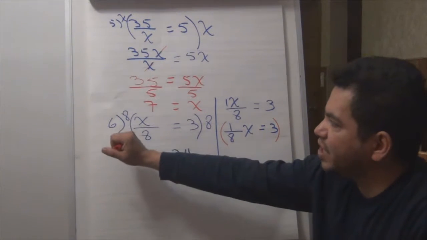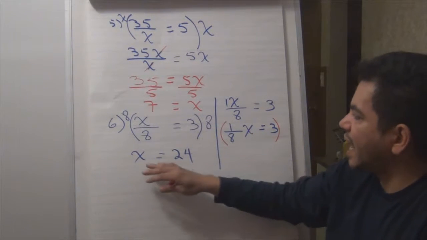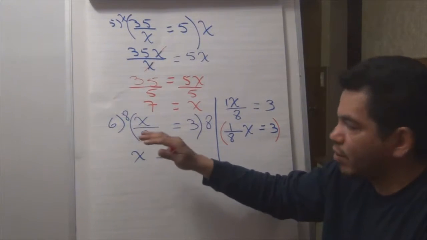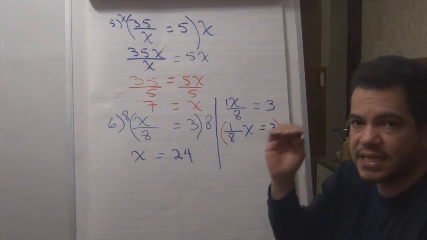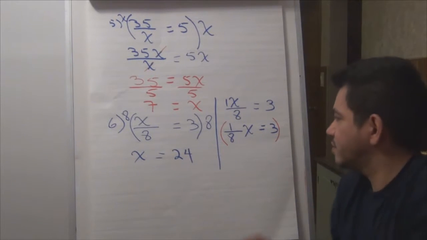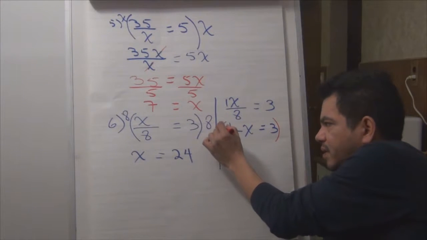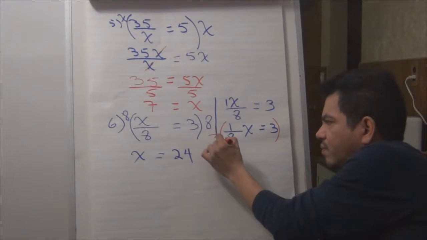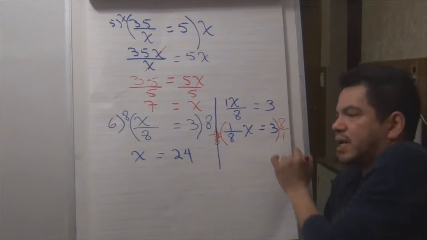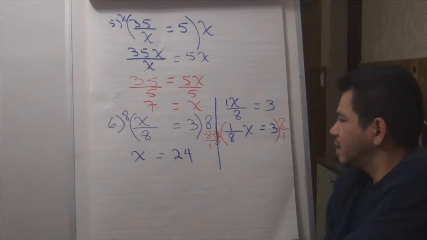The idea behind dividing by 8, multiplying by 8 and all that is that you use the multiplicative inverse. So watch this. You're going to multiply by 8 over 1.